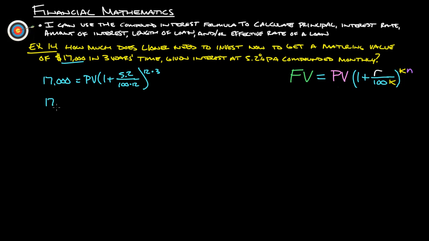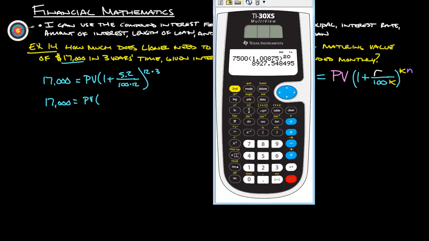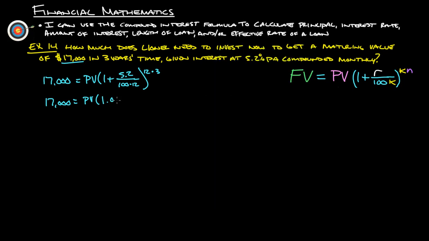So 17,000 is going to equal PV times, let's calculate what that is. 5.2 divided by 100 divided by 12 gives us 0.00433, so this is going to be 1.00433, as many threes as we can muster in there, all to the 36th power.